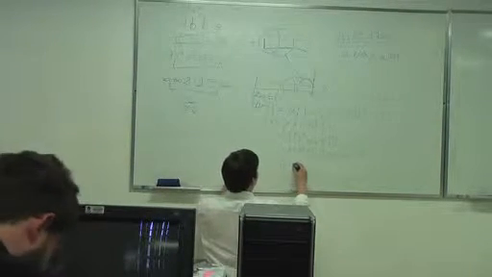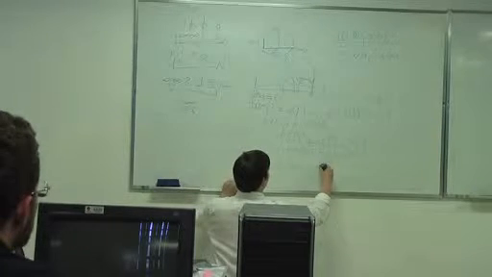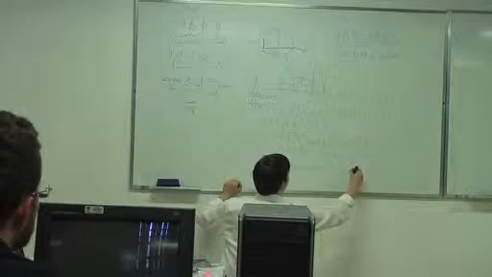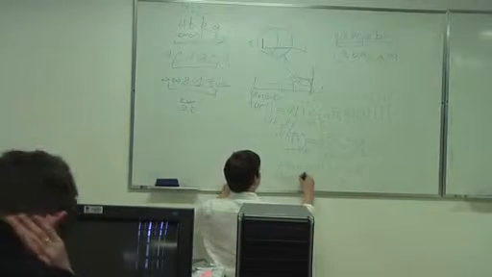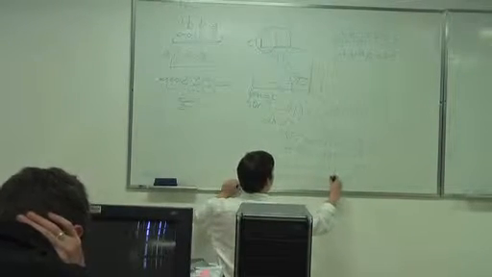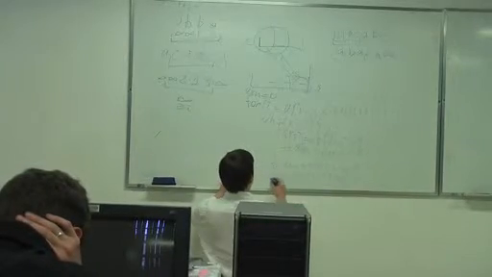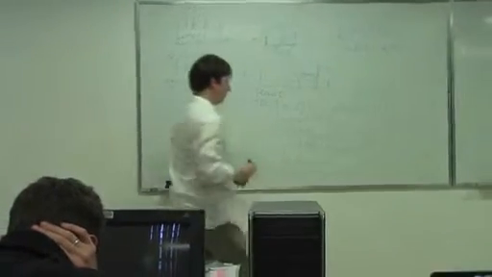If length equals 0, break. Length equals prefix[length]. So this is the standard way, I think, to write the Knuth-Morris-Pratt algorithm.